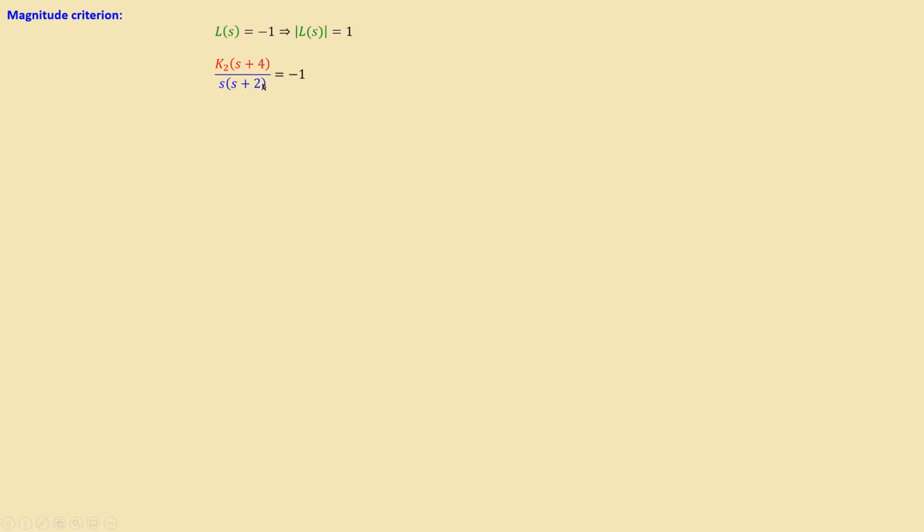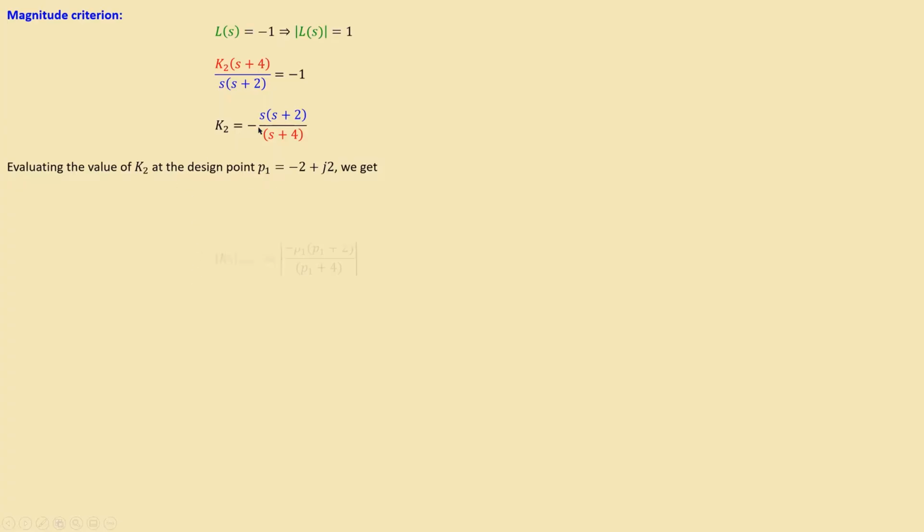If I now look at this expression, the next step is to isolate the K2. You will have the following, and then I would like to evaluate the K2 at the design point, which is of course -2 plus j2.